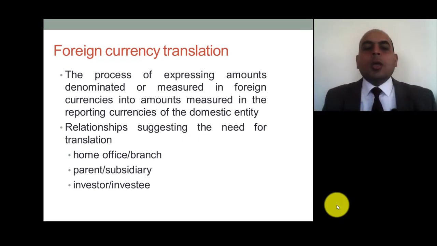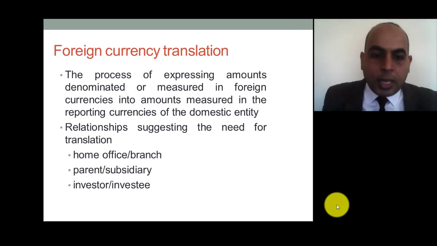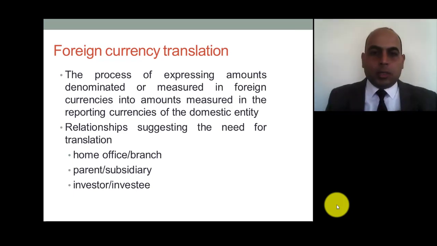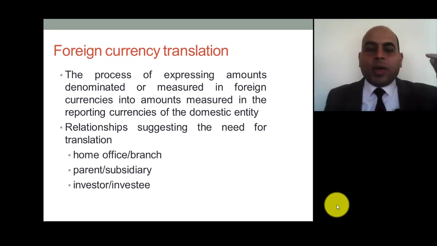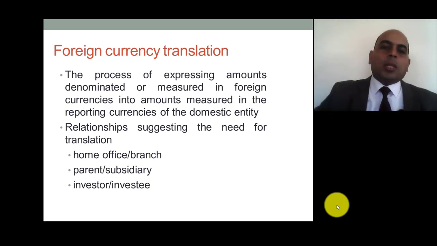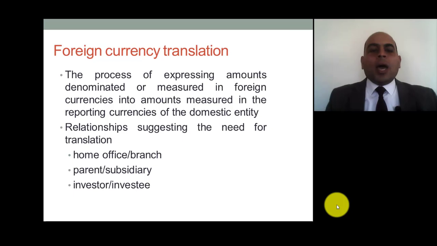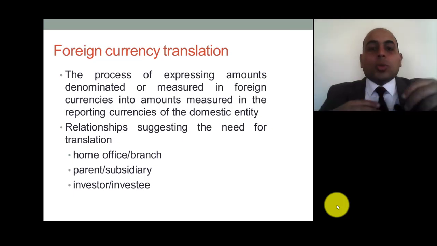First of all, before we prepare the consolidated financial statement for our affiliated company, or before we make a decision, or before we read the financial statement of the company located in Egypt, we have to translate it.